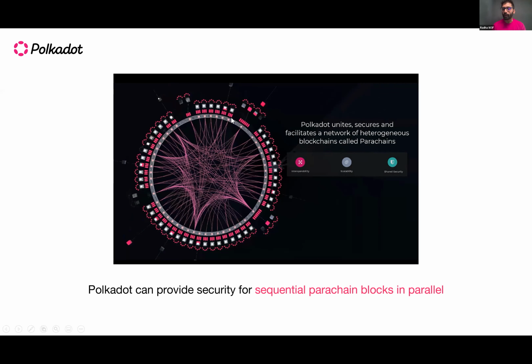Scalability. So we'll talk about how we can scale this architecture and how individual parachains can accommodate more and more applications, and then shared security. So shared security, it's a big concept in itself. I've put a significant section in today's talk showing you how security works in Polkadot.